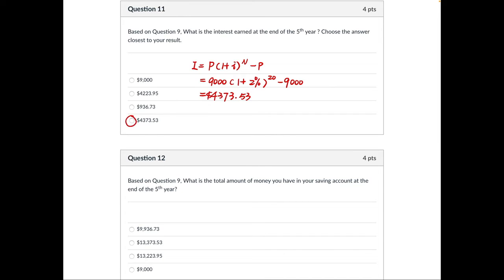And based on this, what is the total saving in your account at the end of the 5th year? So that's total payback. It's I plus P. So it's I plus 9,000, which is 13,373.53.